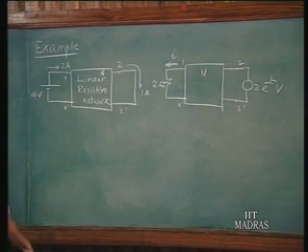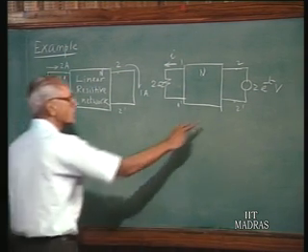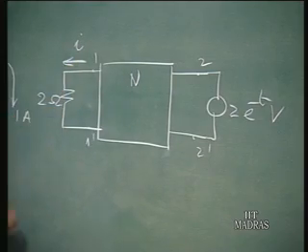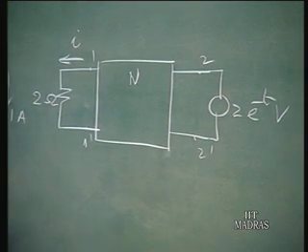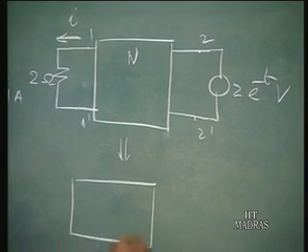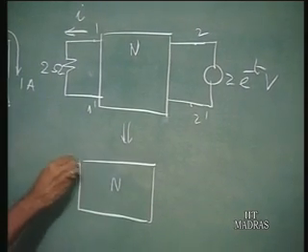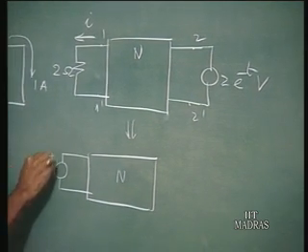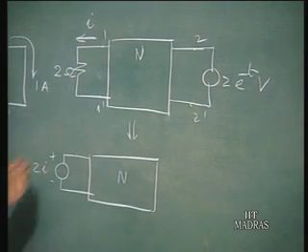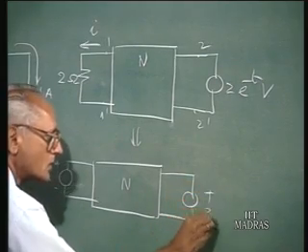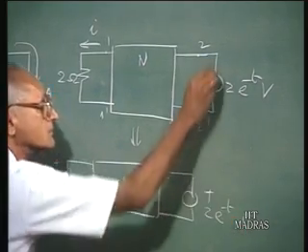We would like to apply network theorems to solve this problem. Now what we can do is, a current I flowing through a 2 ohm resistor develops a voltage which is 2I. So using the substitution theorem, we can say this is equivalent to another 2-port network in which we have a voltage source which is 2 times I, whatever that current I is, and then here we have a voltage source which is 2 e power minus t volts.